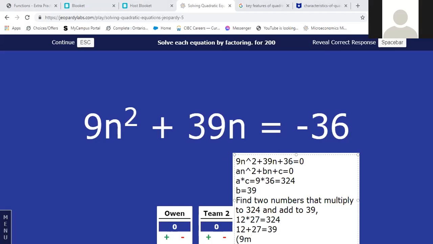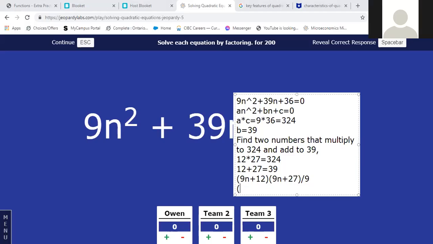So then you got to put these two numbers in here, and divide by 9. And then what you have to do is take out a 9 here. Then you divide by 9 here. And you're left with that. That's how you do that one.